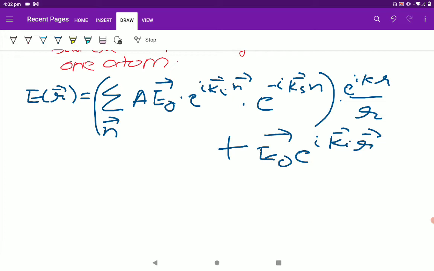Because the incident wave is always there, it doesn't disappear. We have spherical waves coming to the detector, but also these plane waves can continuously hit the detector, in this fashion.